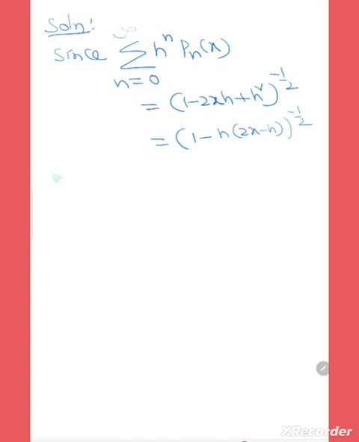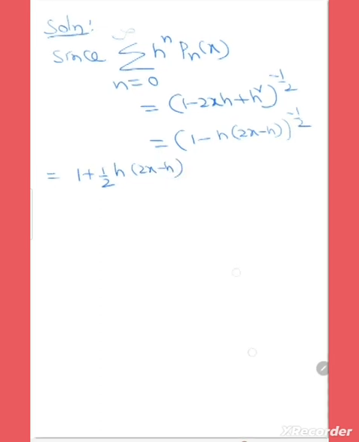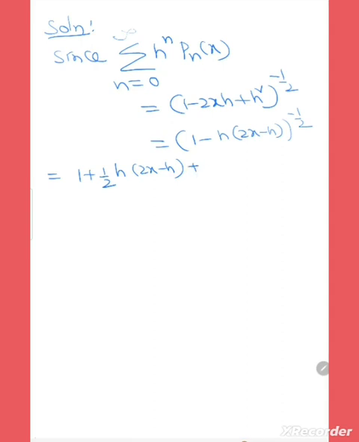By using that formula I expand this: 1 + (1/2) h(2x − h) + (1·3)/(2·4) h²(2x − h)² + (1·3·5)/(2·4·6) h³(2x − h)³ and so on.